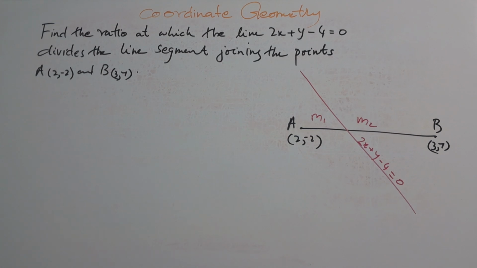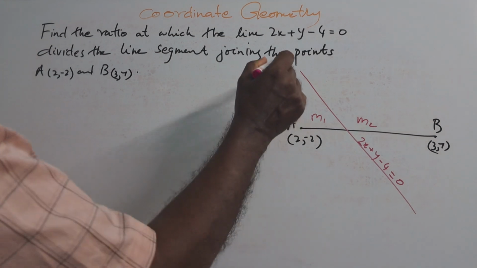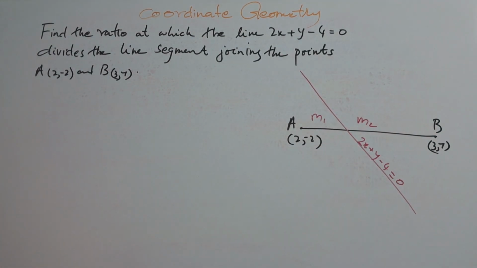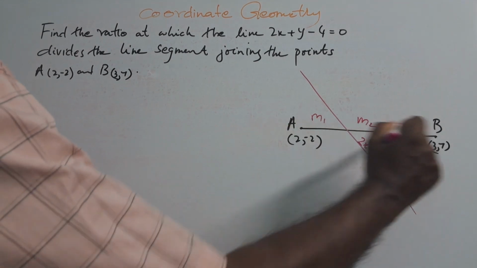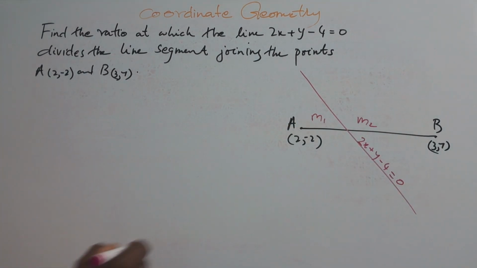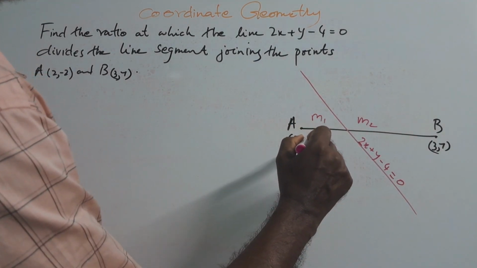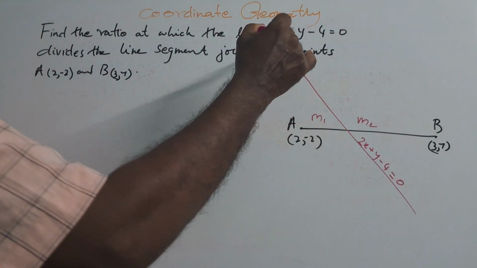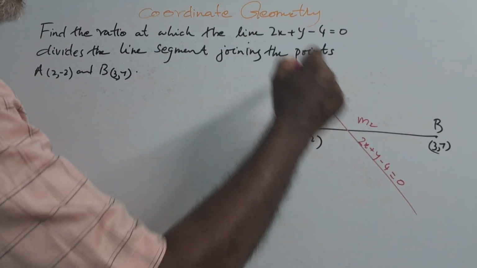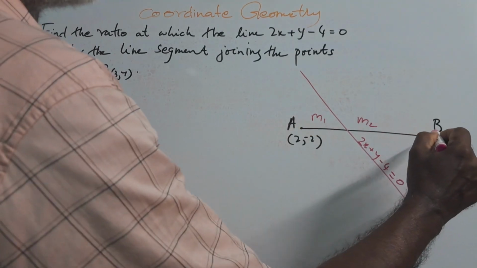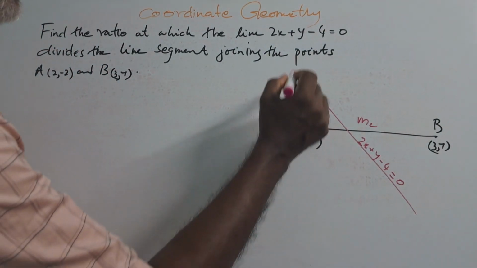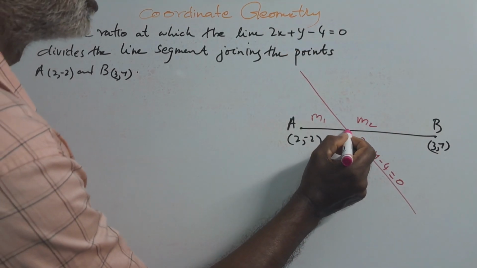Let's answer this question. Find the ratio at which the line 2x plus y minus 4 equals 0 divides the line segment joining the points 2, minus 2 and 3, 7. This line divides the line segment in a particular ratio and this line passes through this point.